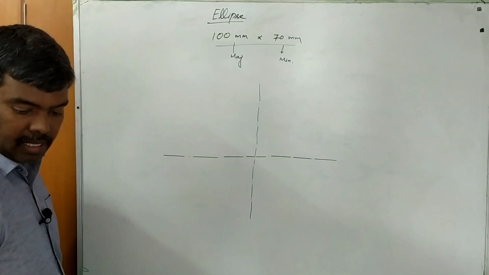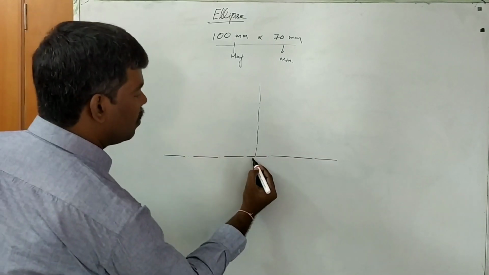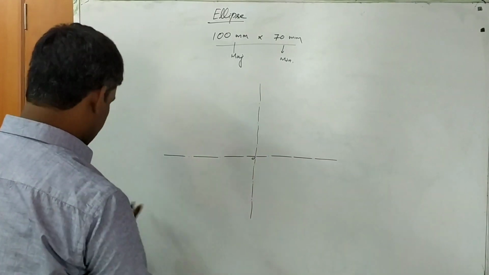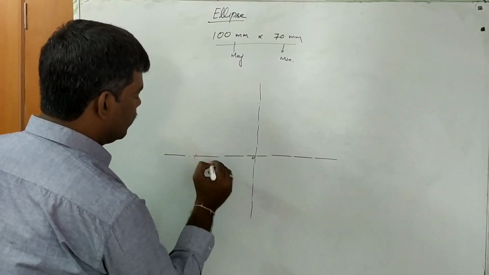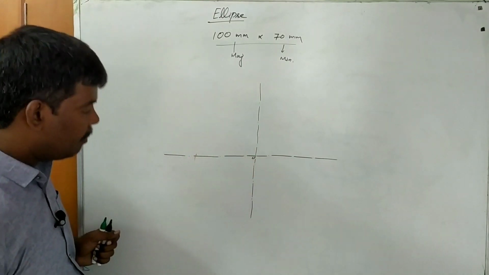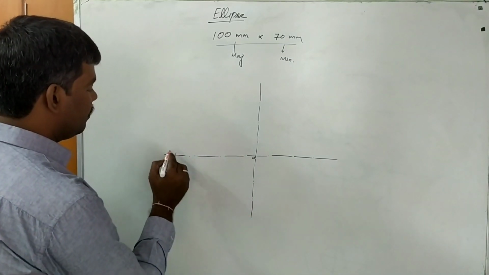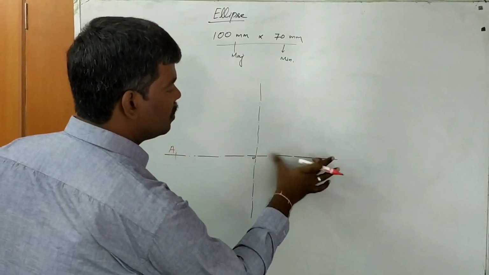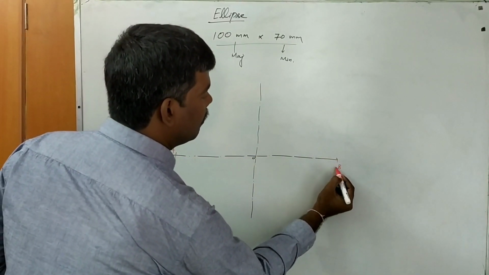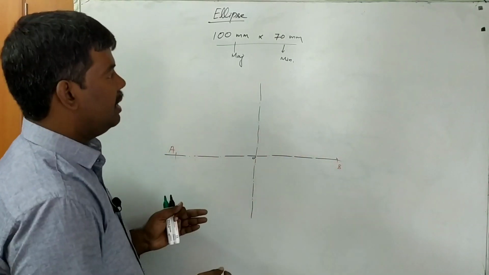Next, how much is the given size? 100. So take 50 as the radius, O as the center, and intersect arcs on that line. This is the major axis. The 50 size you consider here is A, and the same 50 size here is B. So AB is 100 long.